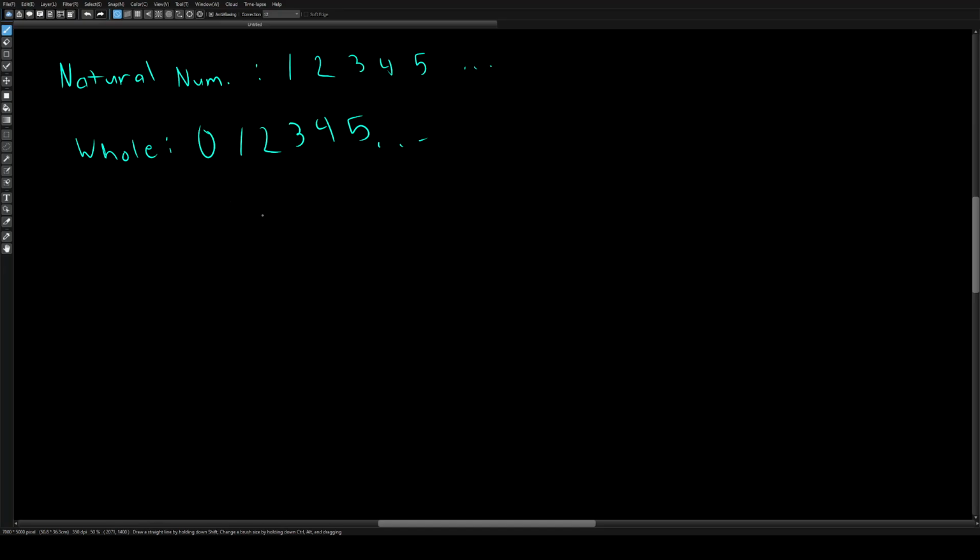With integers, it's basically whole numbers, but not only are you counting up, like 1, 2, 3, 4, 5, you're also going into the negatives: -1, -2, -3, etc.